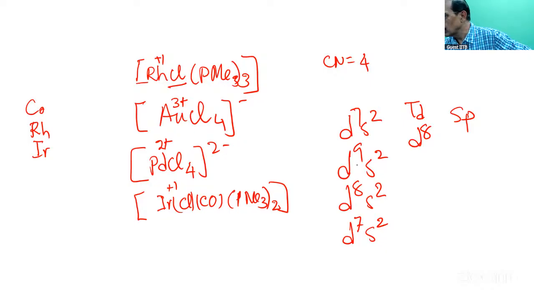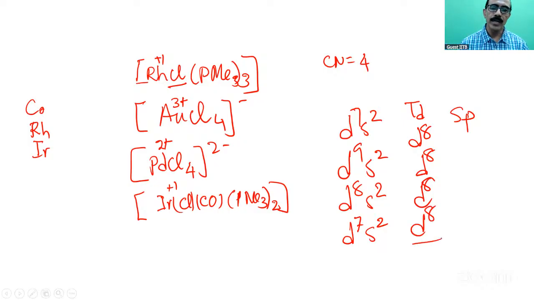And this also, if you take out 3 electrons, it becomes D8. And this is also D8, and this also D8.